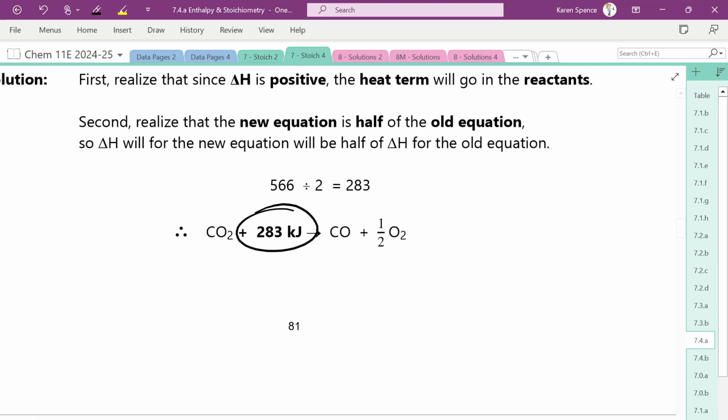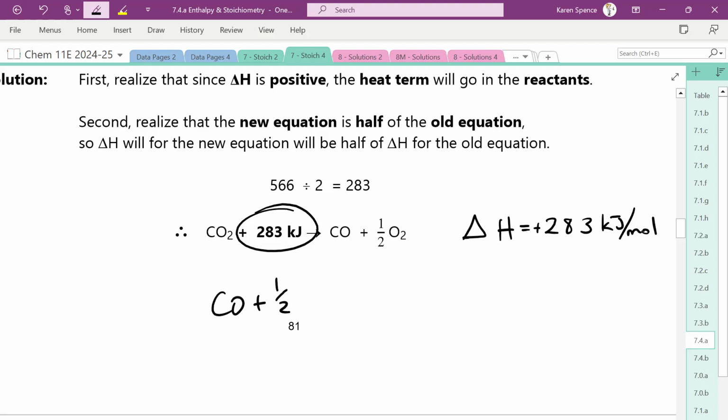All it says is that if you reverse a reaction, what would happen to the sign of delta H? It would flip. So because this one, delta H, is equal to positive 283 kilojoules per mole, if we wrote it backwards, CO plus 1/2 O2, that would go to CO2 plus 283 kilojoules.